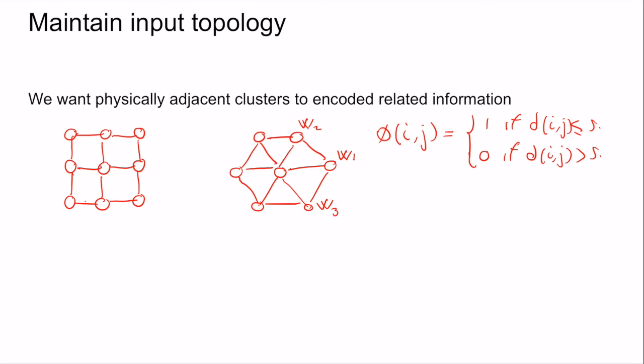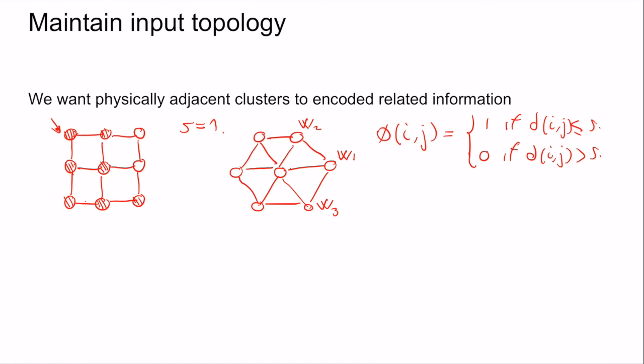Okay, so for this grid, if r was equal to 1, then the neighborhood of this neuron is this neuron and this neuron here. And the neighborhood of this neuron here is this neuron and this neuron, and this other neuron as well.